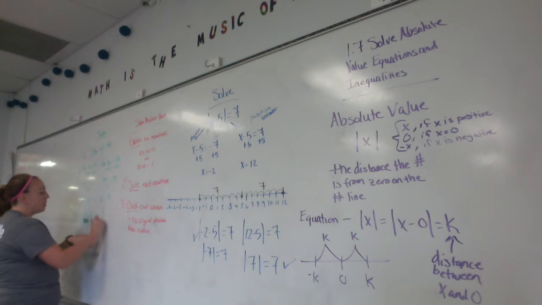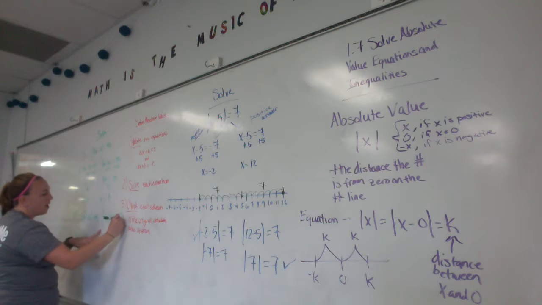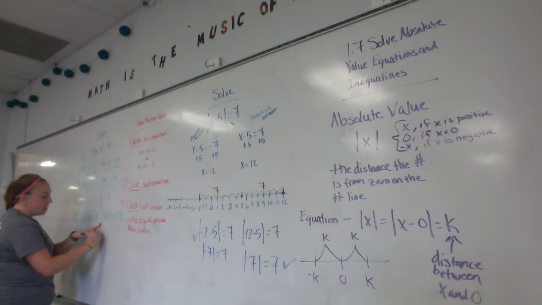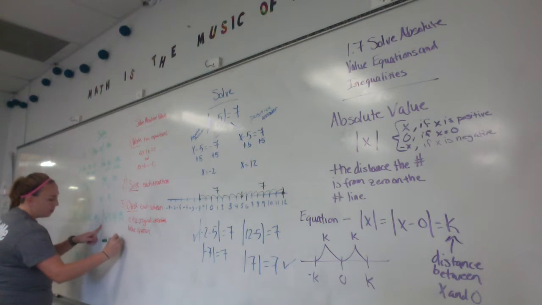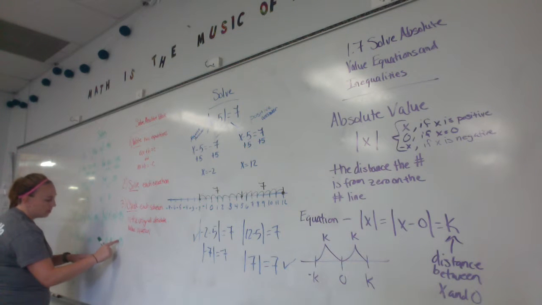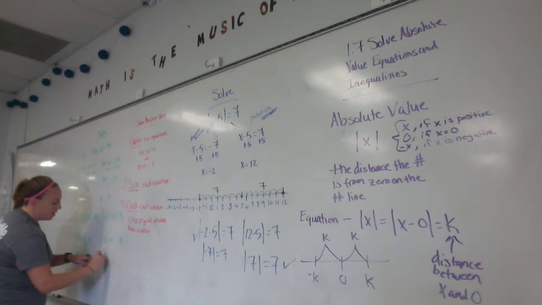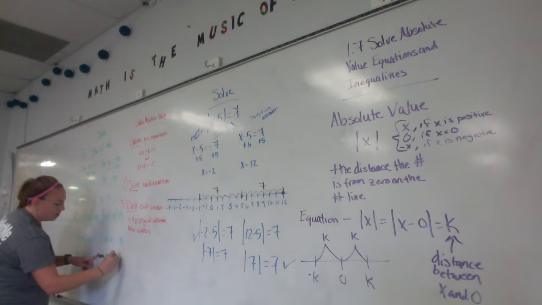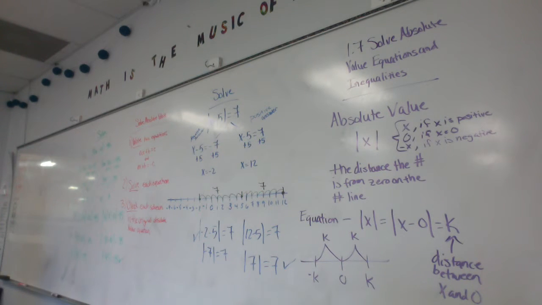The absolute value of 5 times negative 7 minus 10: 5 times negative 7 is negative 35 minus 10 equals negative 45. The absolute value of negative 45 equals 45, and that is correct. Okay, so that is another example.